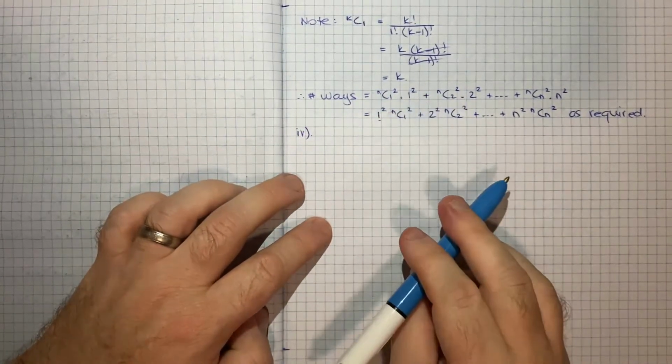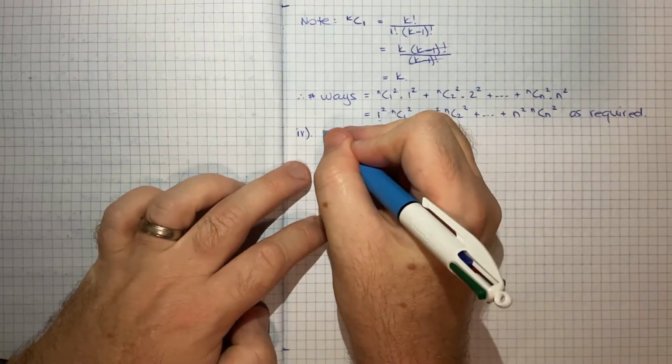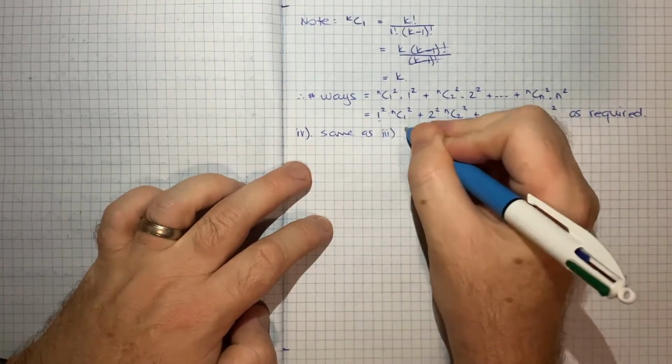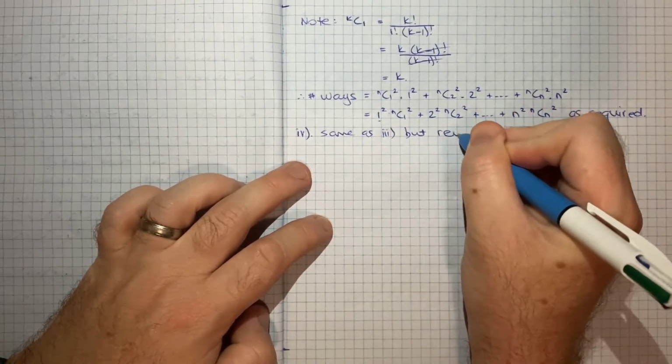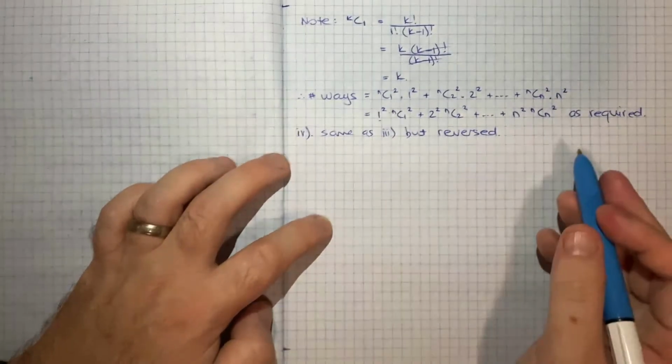where they've said it's basically the same as part 3, but reversed. So what we do is we pick the leader first and then we pick everyone else.